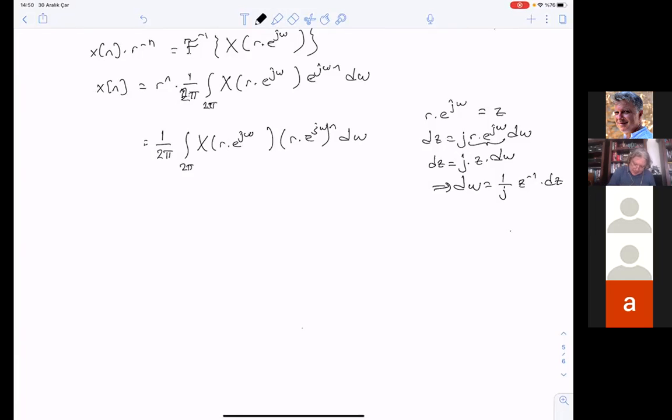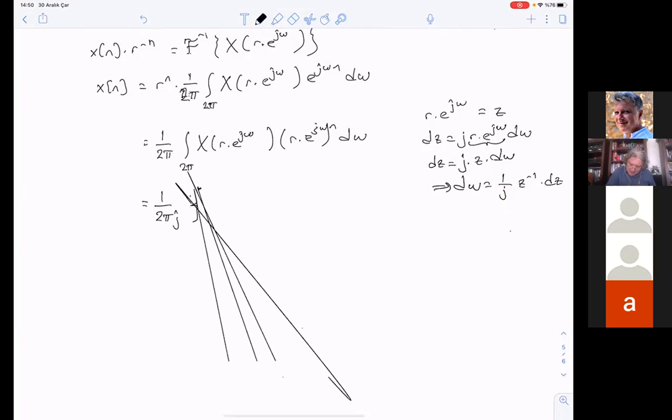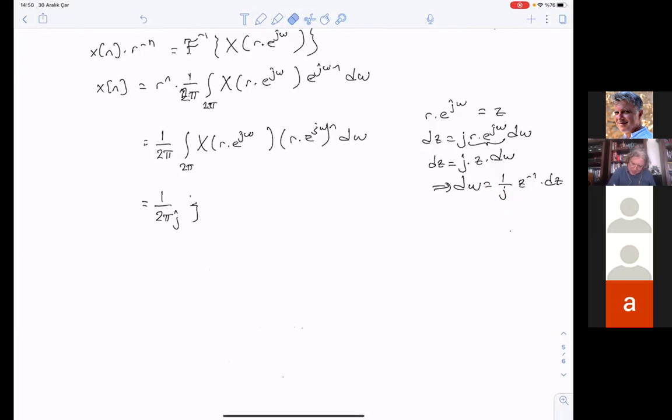Okay. Now let's make all these substitutions. There's a 1 over 2 pi, and there is a 1 over j coming from here too, so I will include that one if I can, or 2 pi j, and an integral. Wow, it's getting worse. Yeah, at long last, an integral symbol. X of z, because x of r times e to the j omega is like that.